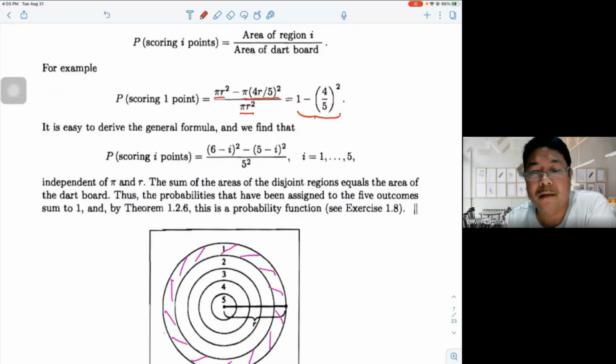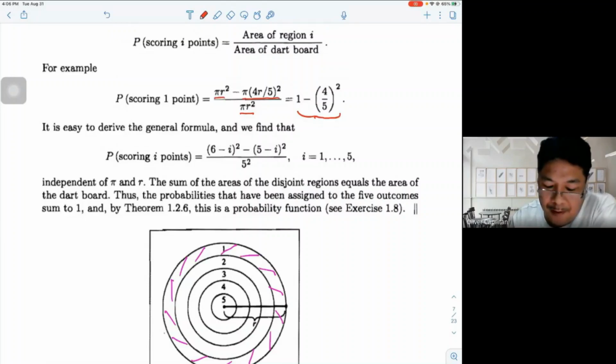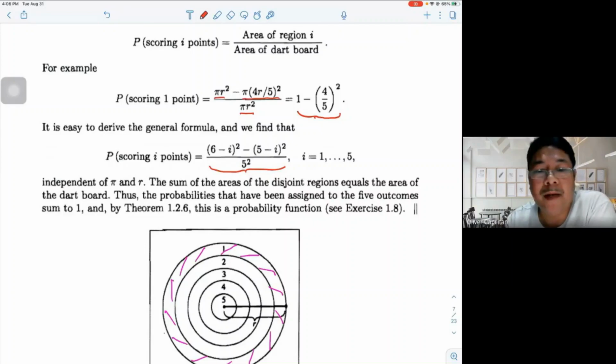If we simplify this, we have this numerical value, 1 minus the square of 4/5. So it is easy to derive the general formula. The function P of scoring I points then gives the formula for determining the probability, for I from 1 up to 5.